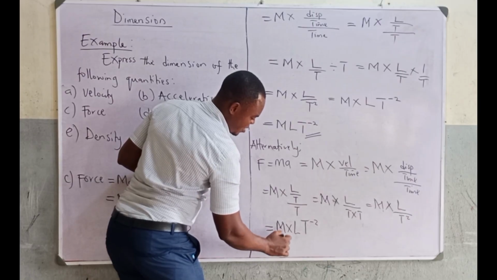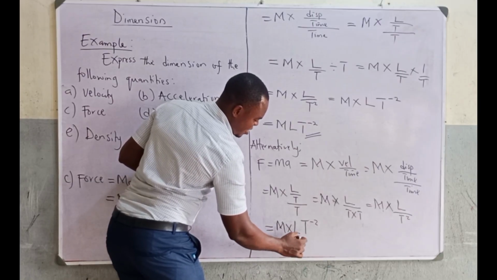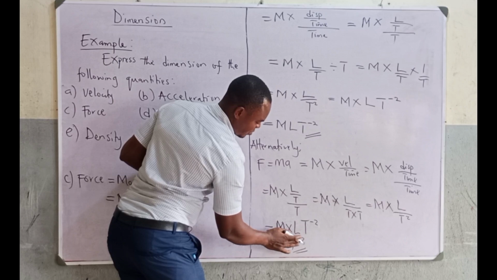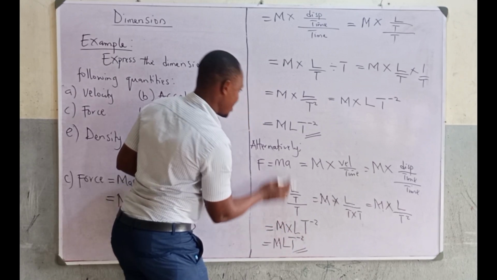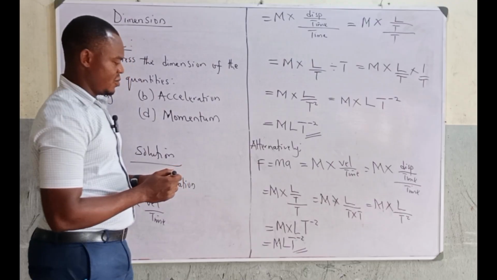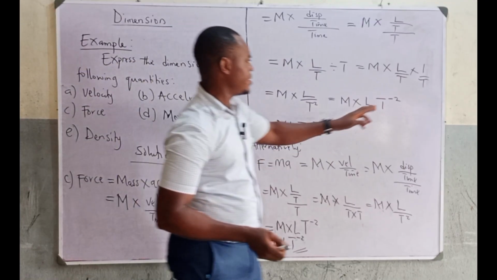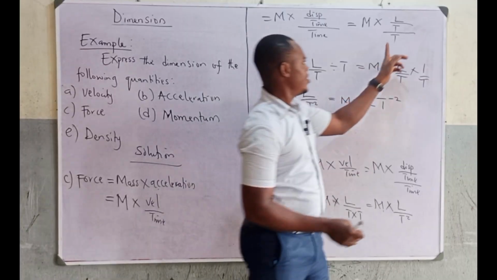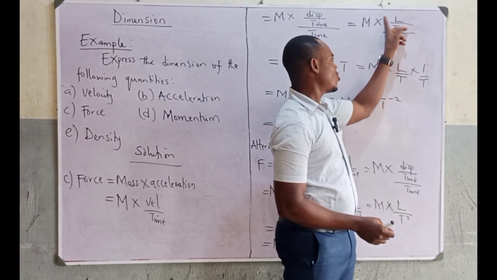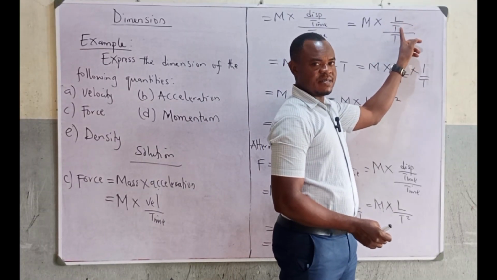Have M, L, T minus 2. So this and this, they are the same. So instead of breaking it like this, we can from here just multiply, if this one down is dividing the whole. Are you getting it?